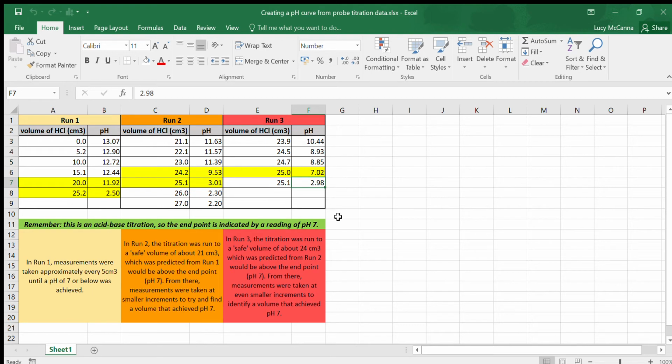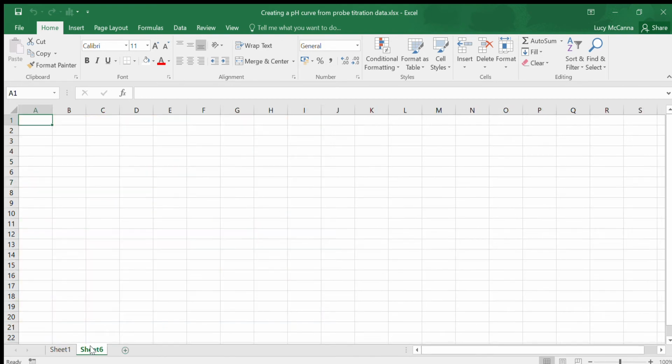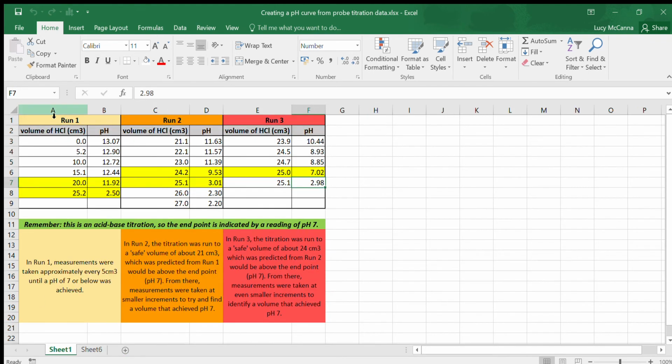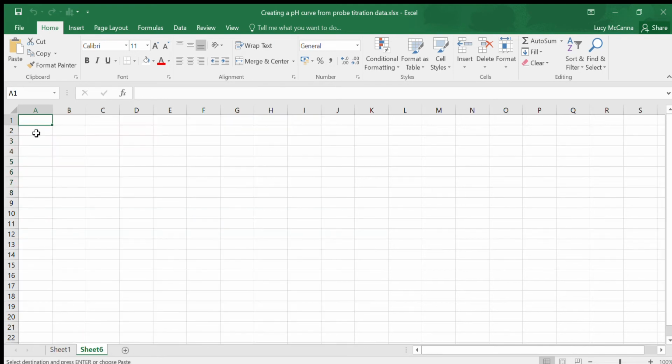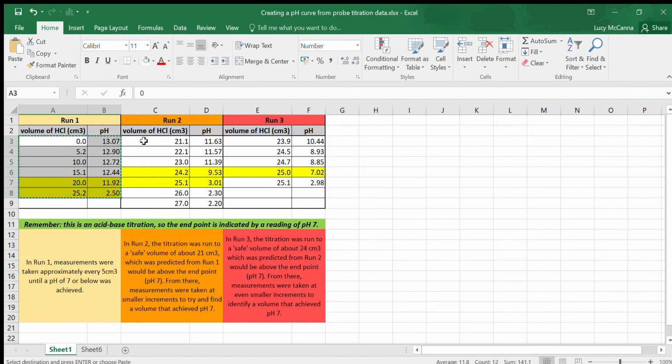The first thing I would suggest doing is going down here and opening up a new sheet. What you're going to need to do is grab all your numbers, Control C to copy them, and paste them with Control V into there. I'm going to do that with all three tables.